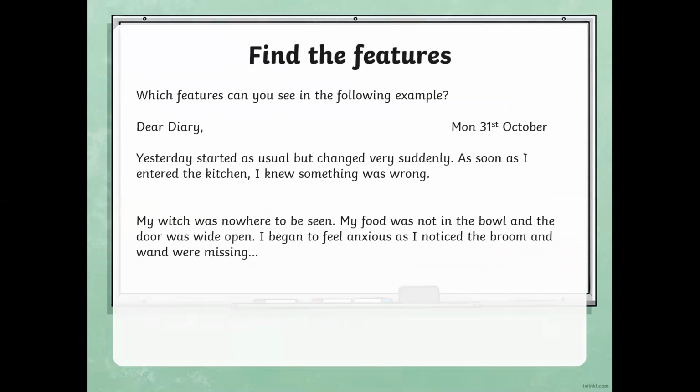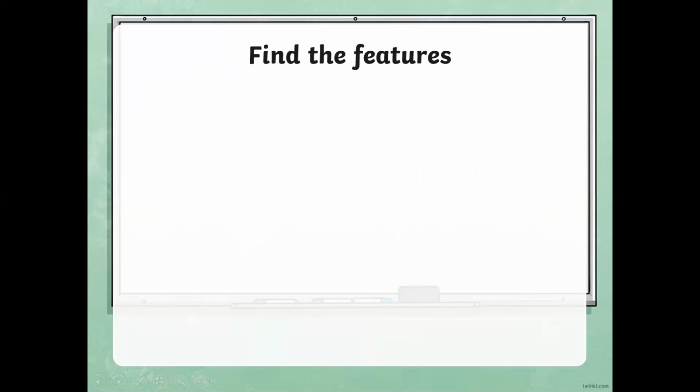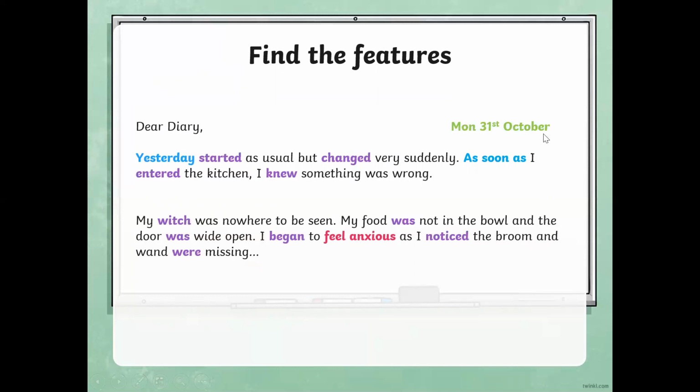Okay, let's recap then on those main features. Which features can you see in this example here? Okay, you should have noticed the date in the corner here. Time words, yesterday, as soon as.